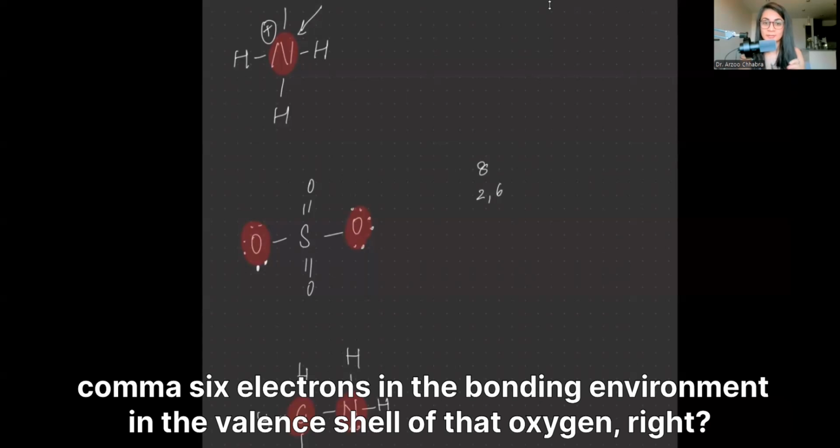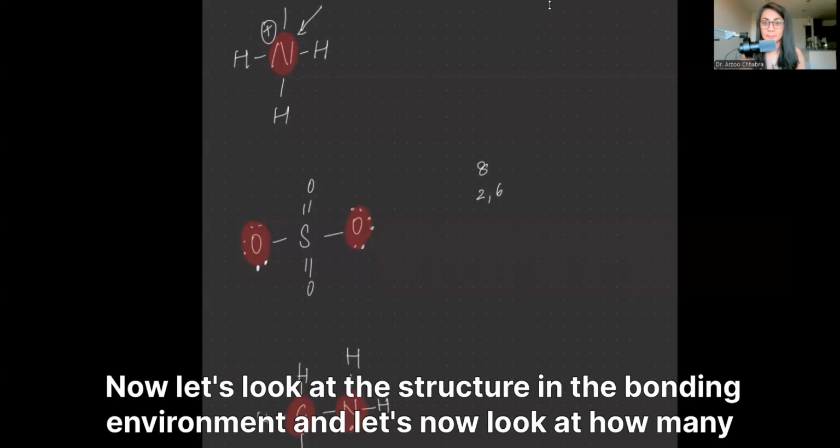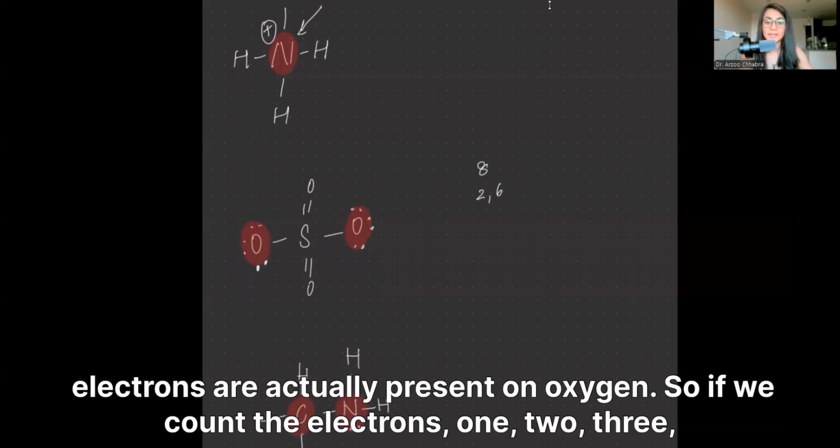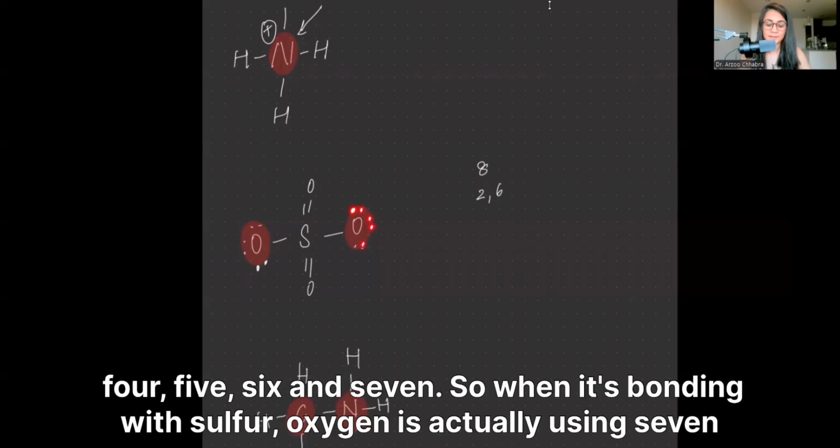Now let's look at the structure and count how many electrons are present on oxygen: 1, 2, 3, 4, 5, 6, and 7. So when bonding with sulfur, oxygen is actually using 7 electrons.